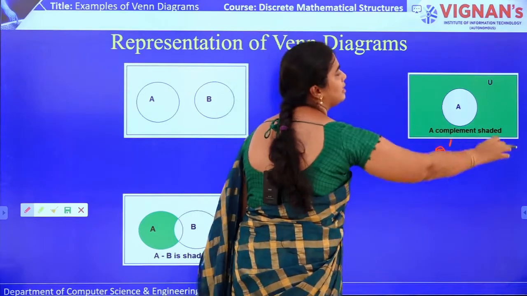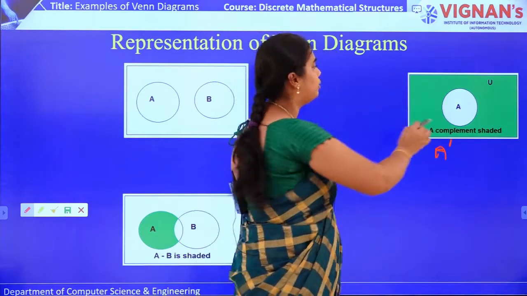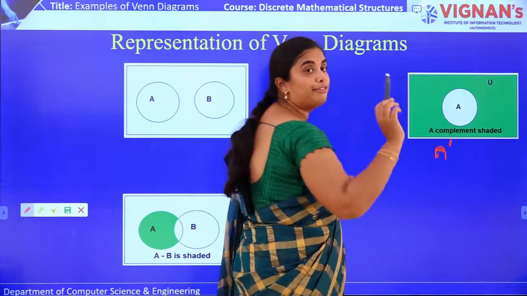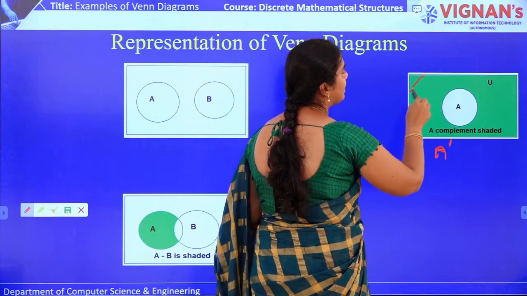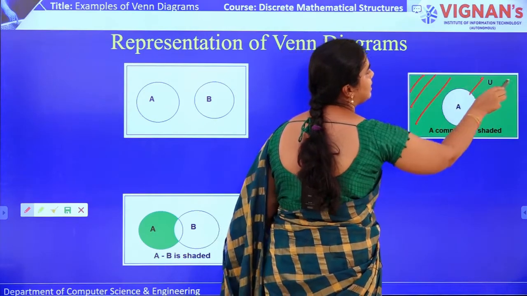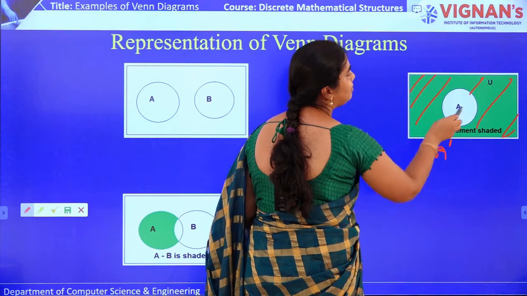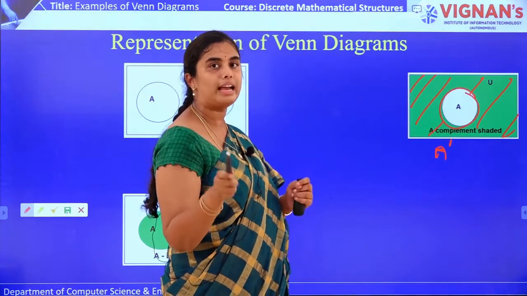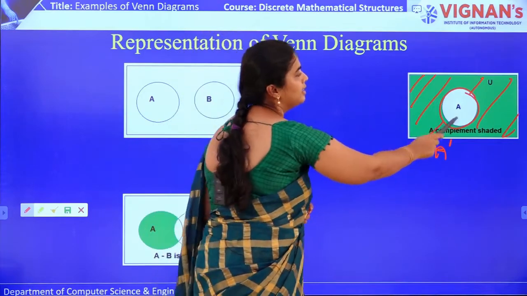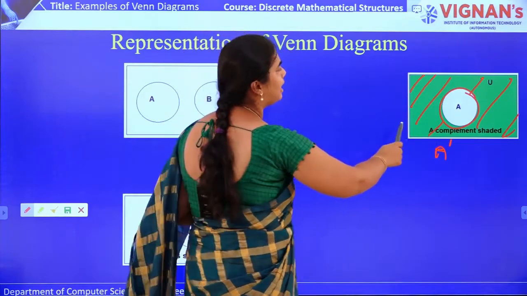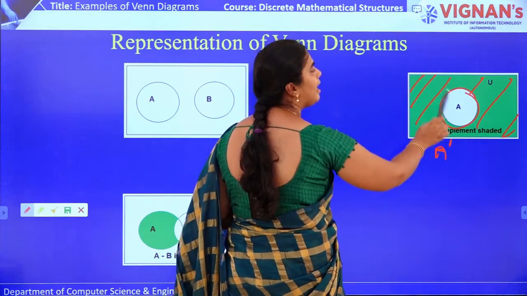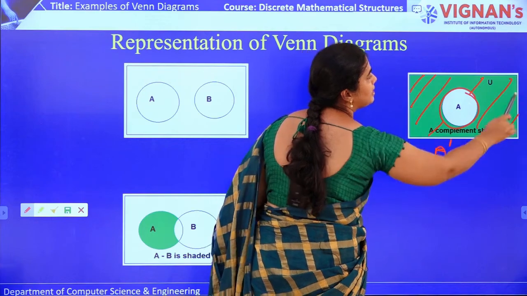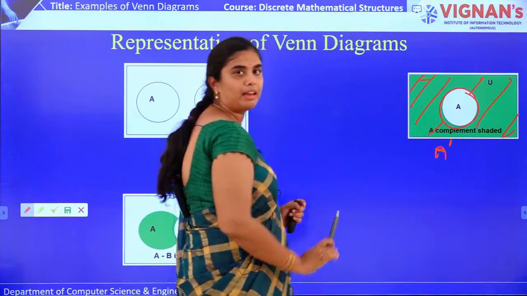If you take a big universal set and another set A which is present in that universal set, then A complement contains all the elements which are present in the universal set except the elements which are present in A. That means it doesn't include the elements which are present in A. The diagram represents the same, right? Because the green color is shaded outside A and it is not shaded in any part inside A. So, A complement represents all the elements outside A.